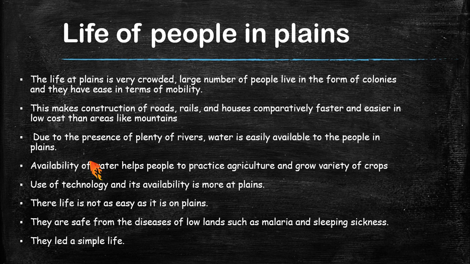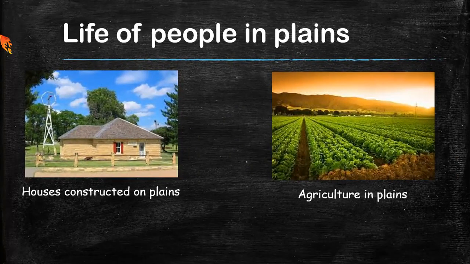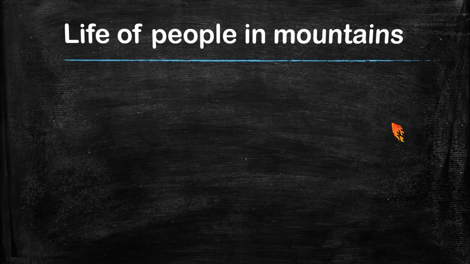They are safe from diseases of lowlands such as malaria and sleeping sickness. The house construction and agriculture in plains are as simple as they can be. So it's very simple. They lead a simple life.